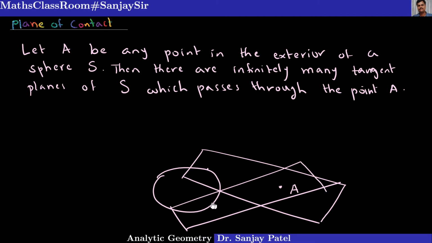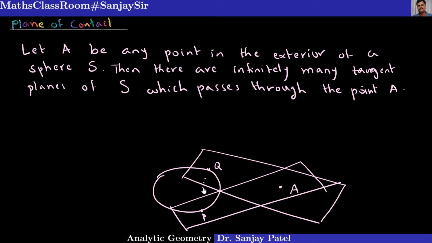Okay, it is also passing through and it's touching here somewhere. This is also touching here. This P and Q, etc., all such points are the point of contacts of these different tangent planes to the sphere, and all the tangent planes are passing through it.